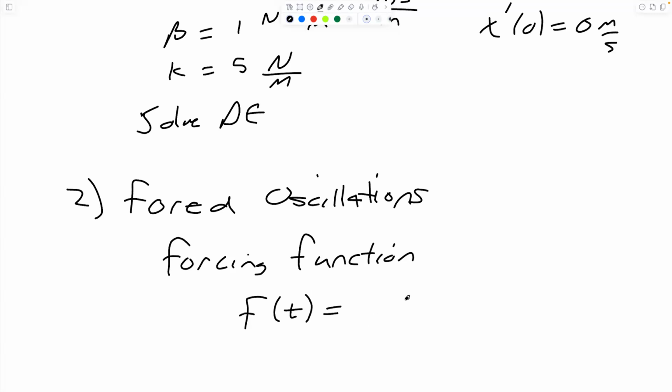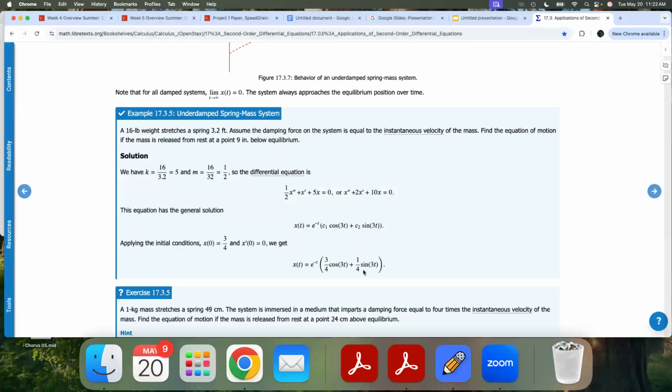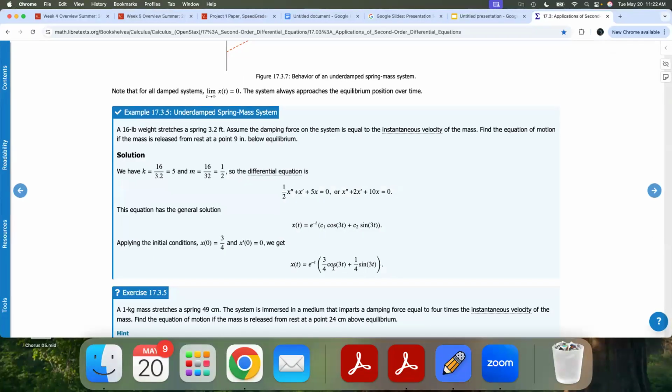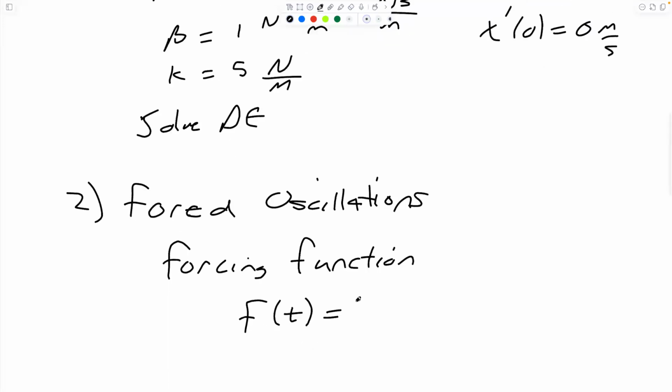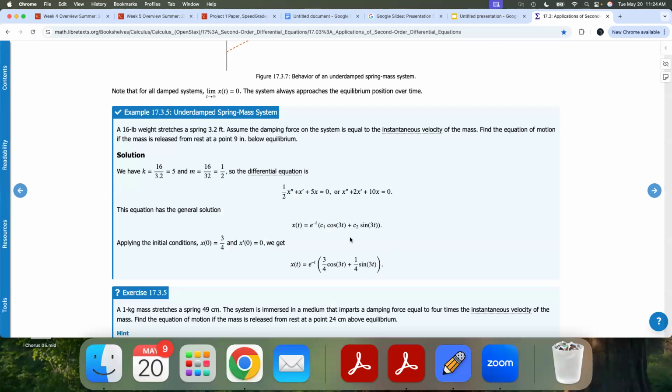Let's do a cosine. So maybe, what kind of numbers do I want here? Let me pause and look at what group did last. Okay, let's say maybe 2 sine of, we want a similar kind of period here. We're going to talk about resonance in a minute, maybe 6t.